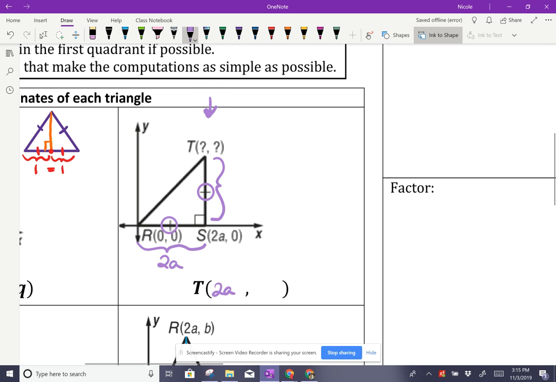So however far I go from R to S is how far I'm going to have to go from S to T. And since I went 2a steps from R to S, I'm going to have to go 2a steps from S to T. No, I do not have to change the y to a different letter. We can use the letter consistently for both the x and y values, or we might change letters, so it depends on how things are set up. Since we go 2a steps up to T, the y value is 2a as well.